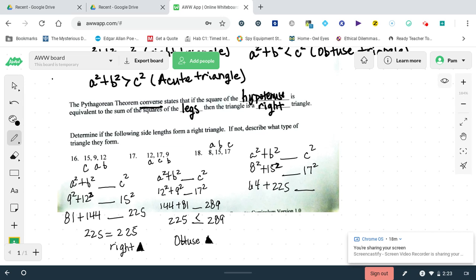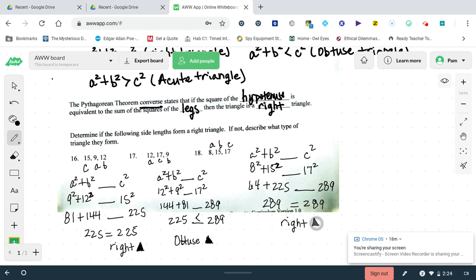And I'm going to compare it to 17 squared, which is 289. What do I end up with right here? 289 is equal to 289. So this is also a right triangle.